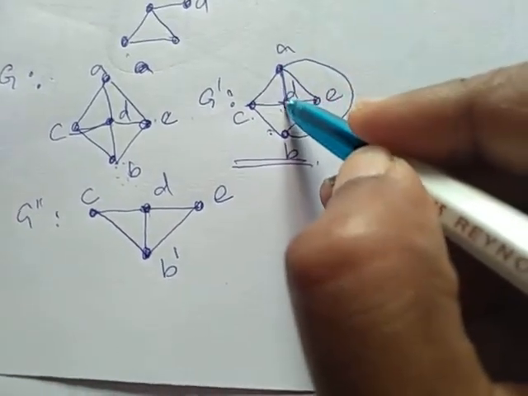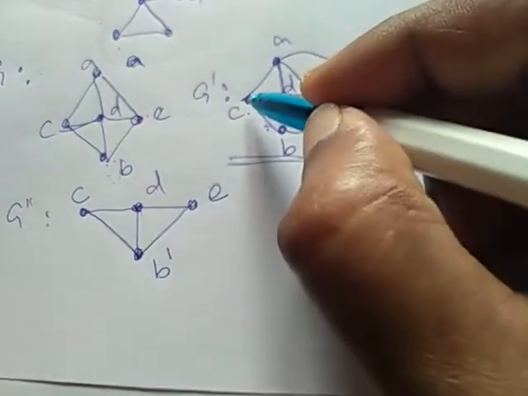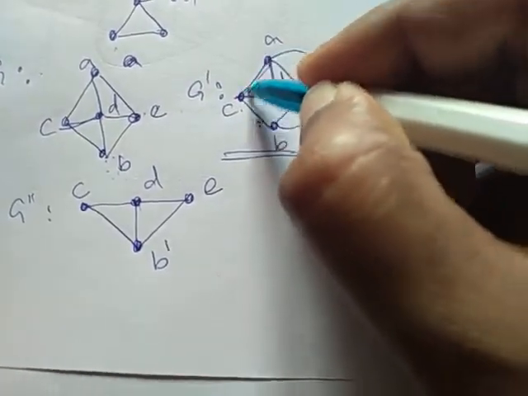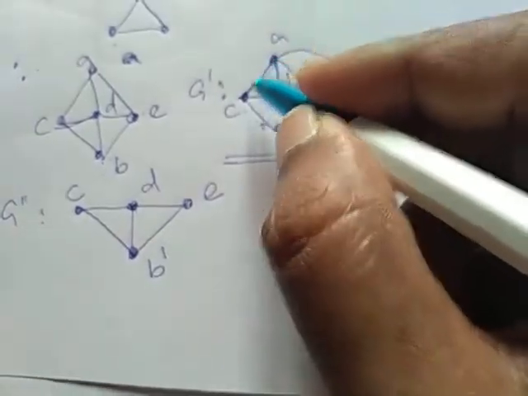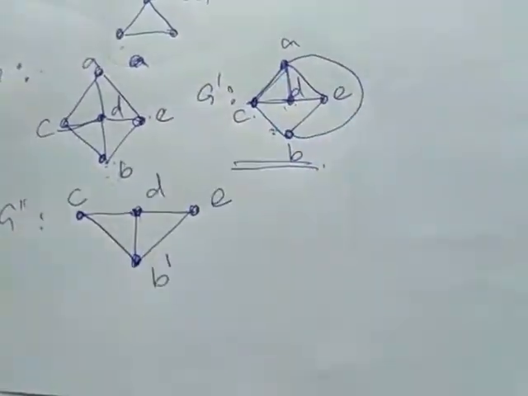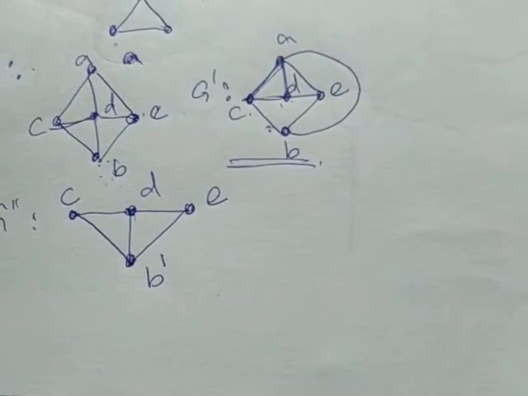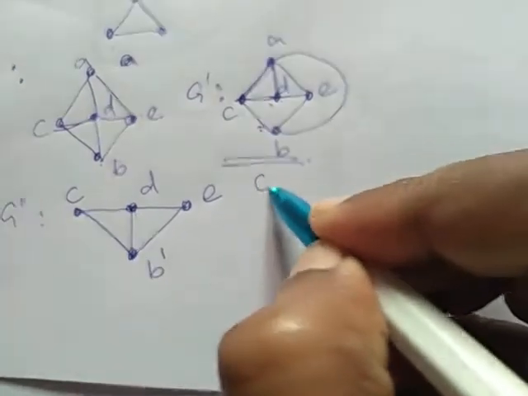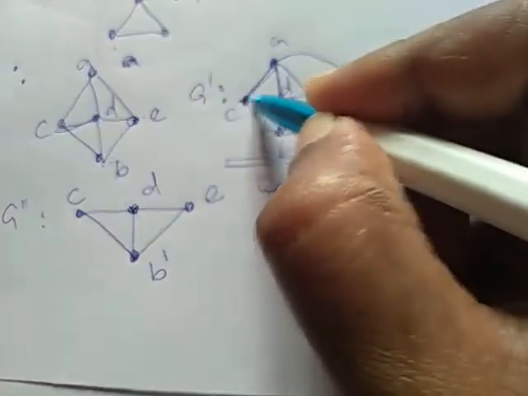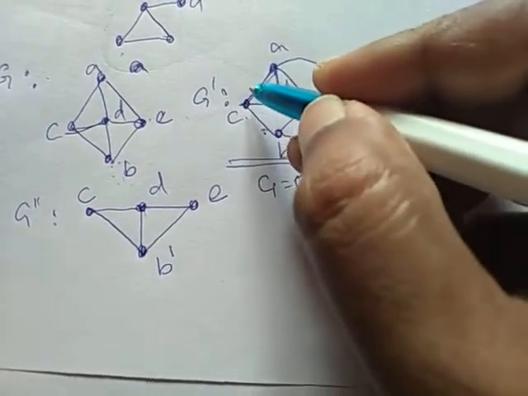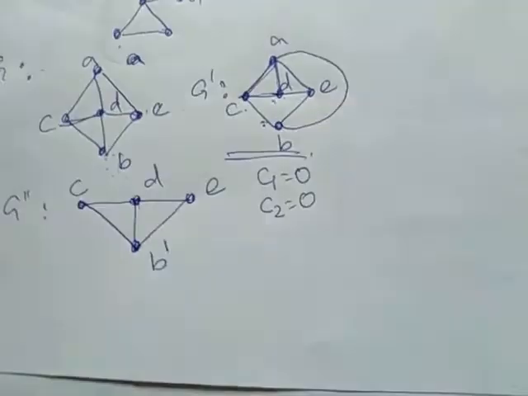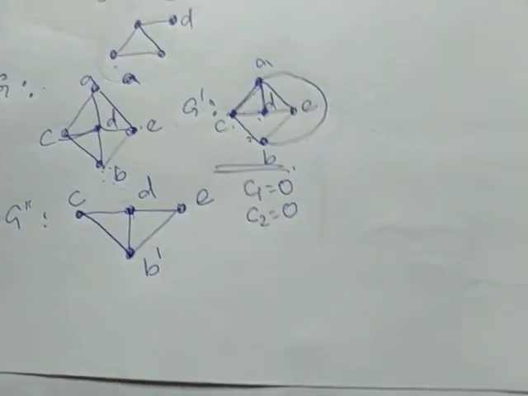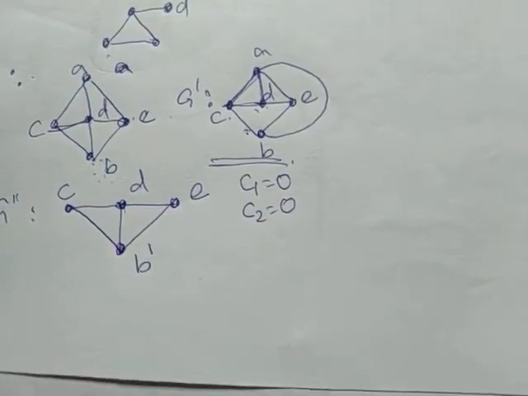Also, whenever we have an edge, C1 is 0, because using one color we cannot color this graph properly. So for this graph, C1 is 0. Whenever we have a triangle, we cannot color the graph properly using two colors. Therefore, C2 is 0.